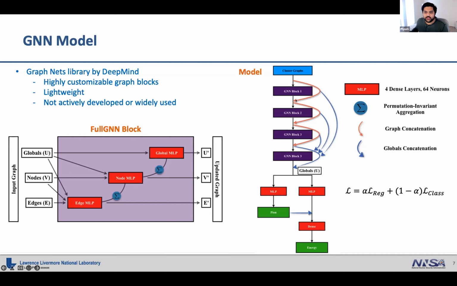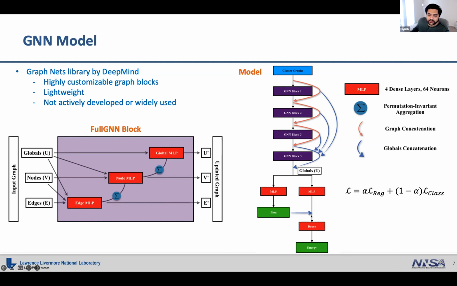The output after concatenation will be a length of 72, and you keep doing that through your network just so that your network has information of all the previous features that were seen through the network. And similarly, in the end, we also do a global concatenation of all the features. So at this point, the globals have all the global features across the four blocks, and then the input global feature, which was the cluster energy to begin with.